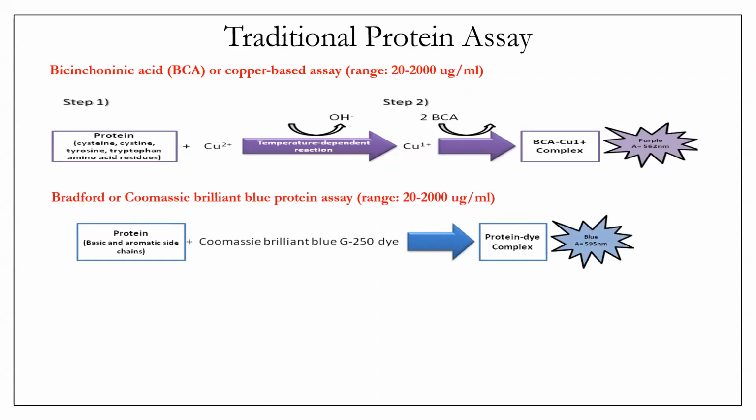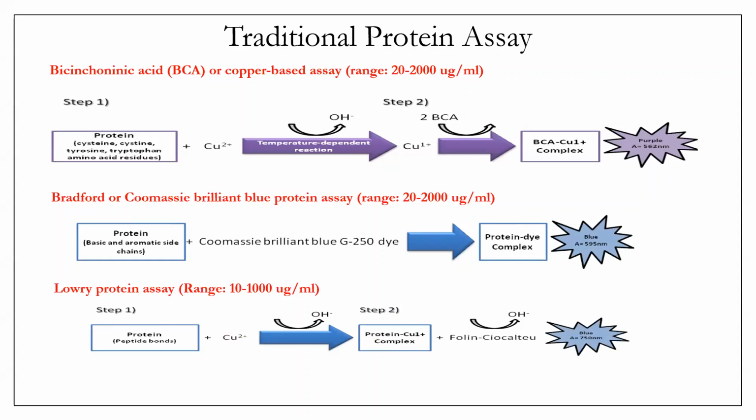Okay. Now, apart from that, we have the Lowry protein assay. This is better than the others because of its range, 10 to 1000 micrograms per ml of protein can be measured, but it is a bit time consuming. It requires a lot of time in comparison to the other two, which can be done in a short period of time; Lowry requires two steps.